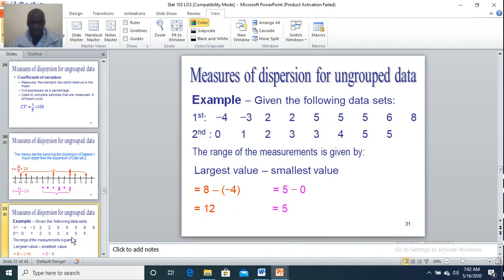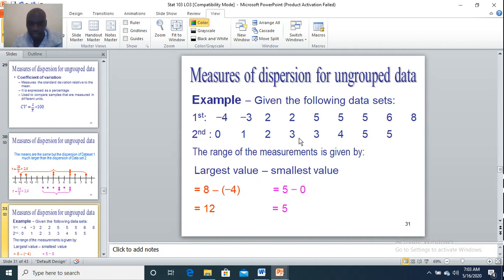Now let's look at a set of data, then we do the calculations. We have the first set here, so we want to find the range. The largest number is 8. The smallest number is minus 4. So 8 minus minus 4, if you subtract, it becomes a positive, so it's 12.